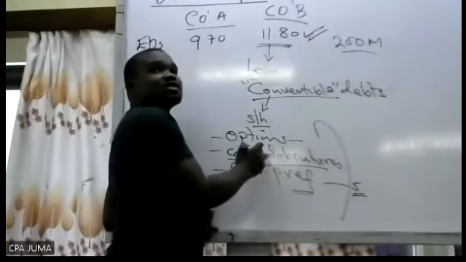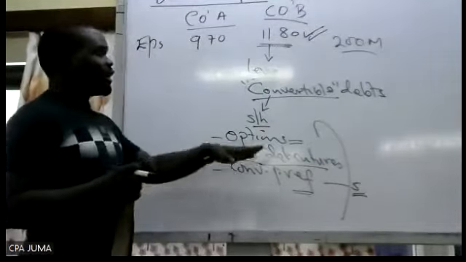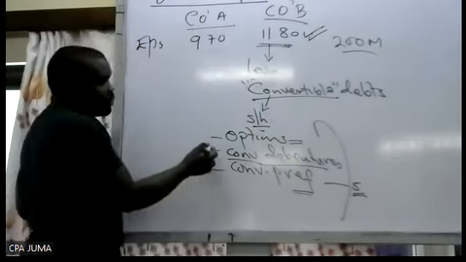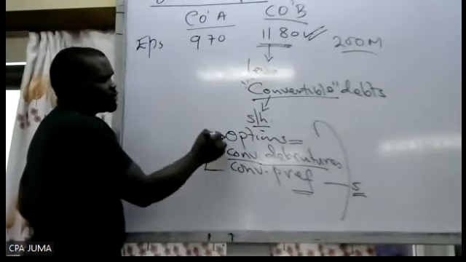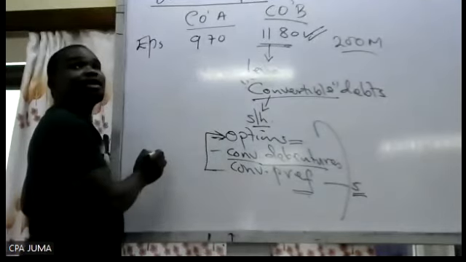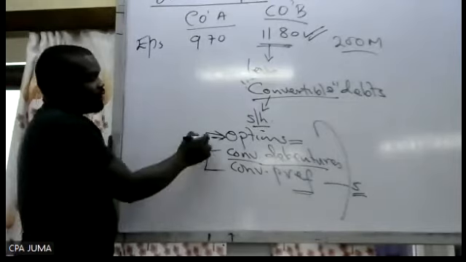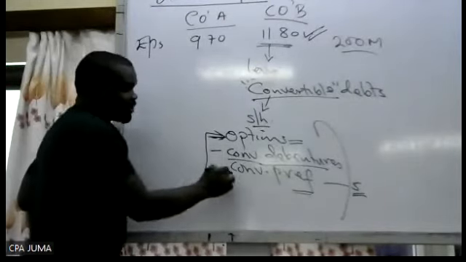Options are for employees. Employees are given those options that if you work for 10 years, you will become part of us. So when you borrow, and you give employees those promises, they work very hard. Things are smooth. Debenture holders have given you money, preference has given you money.